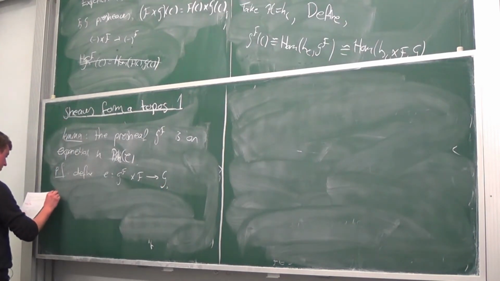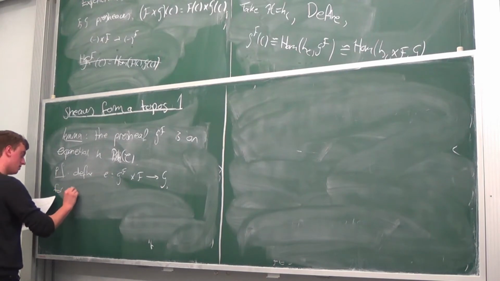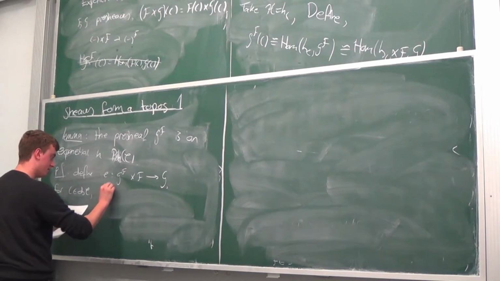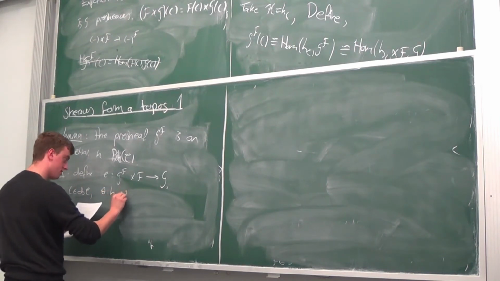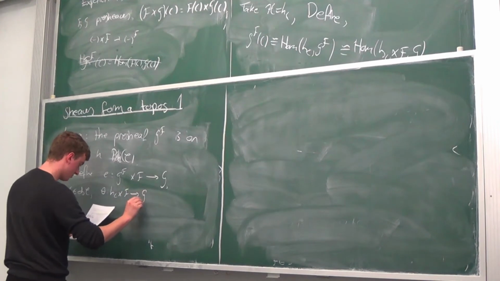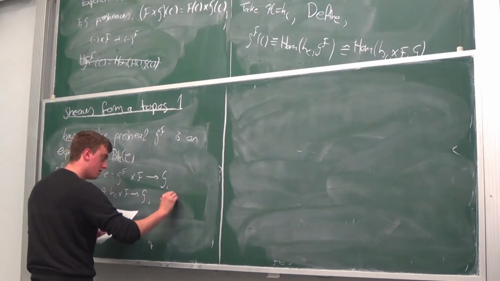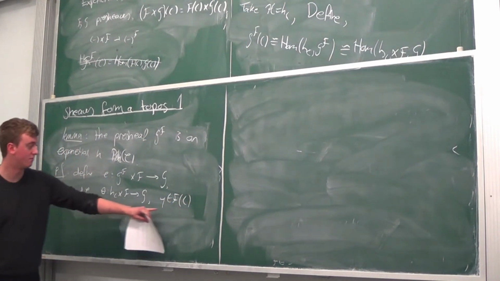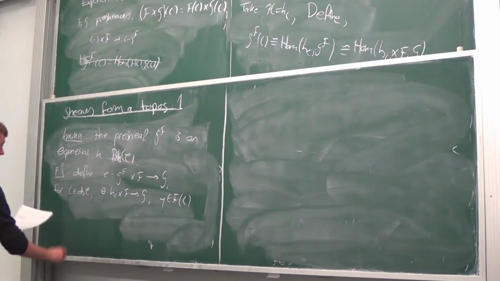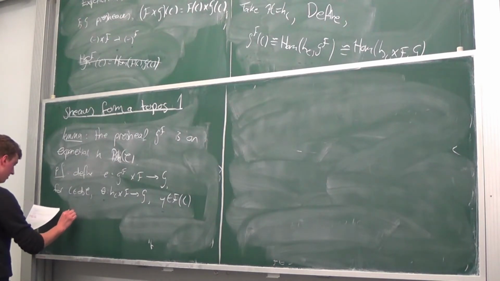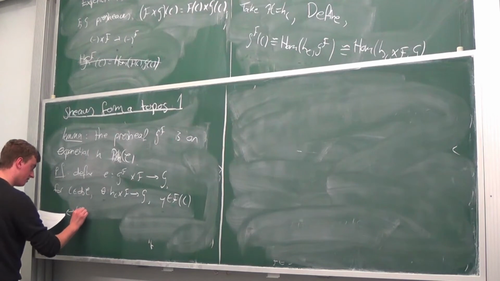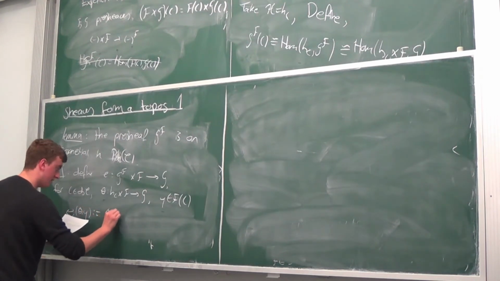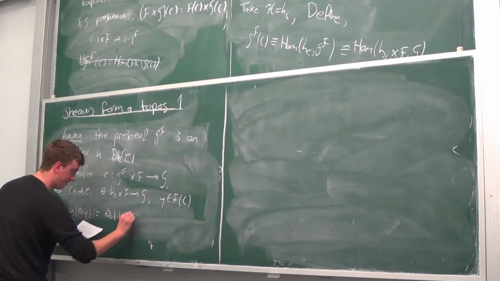Well, for objects C and natural transformations theta, and for some element y in F of C, E of EC of theta y is going to be theta C of the identity at C and y.